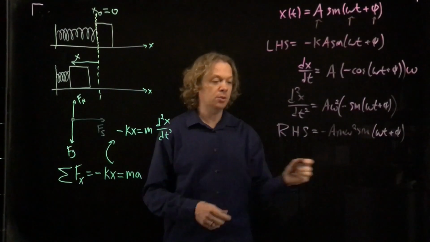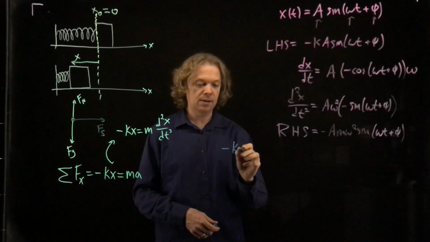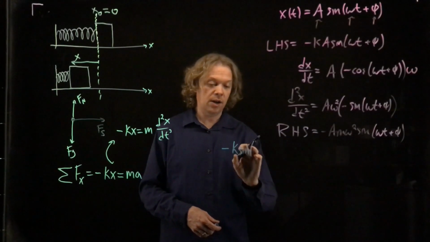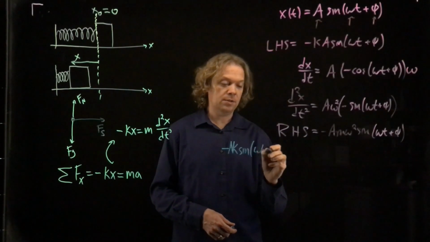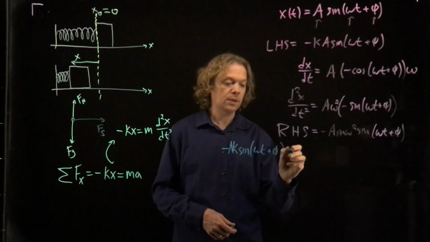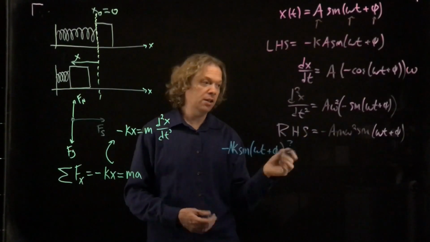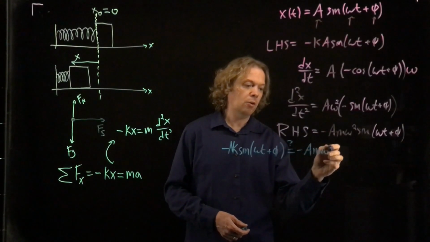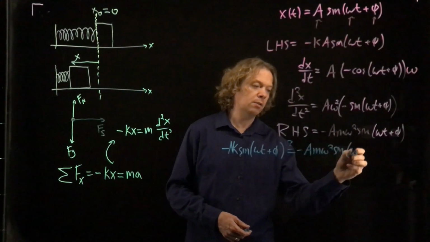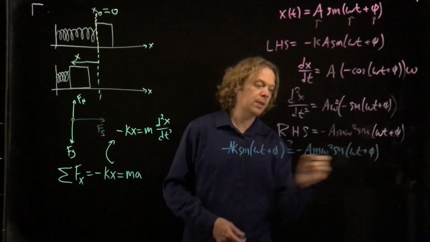So I'm just going to set them equal to each other. Minus k, sorry, I forgot an a, sine omega t plus phi, equal with a question mark, because I'm checking, to minus a m omega squared sine omega t plus phi.